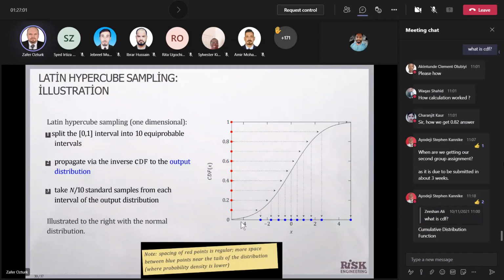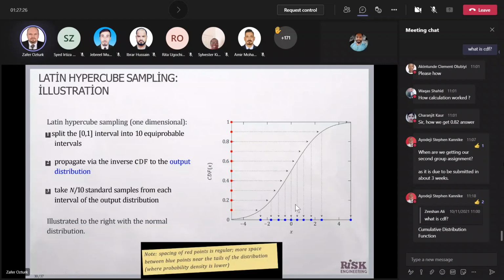As you see, their probabilities are depicted on the y-axis, and their distribution quantile is depicted on the x-axis.